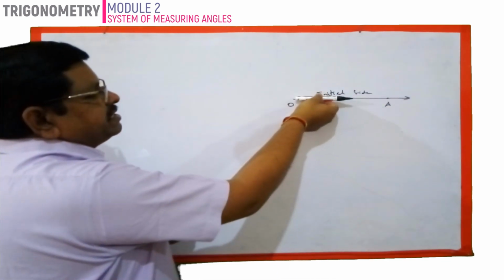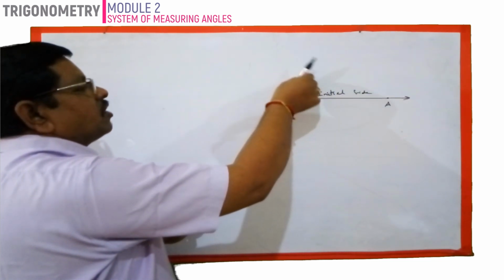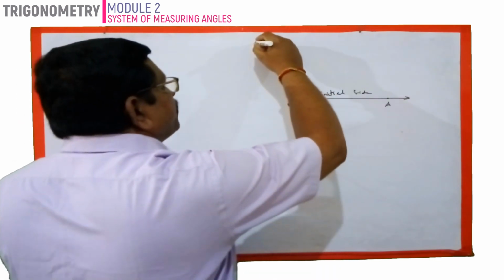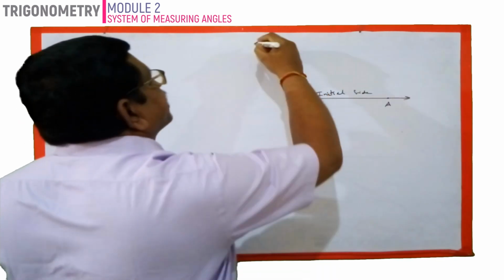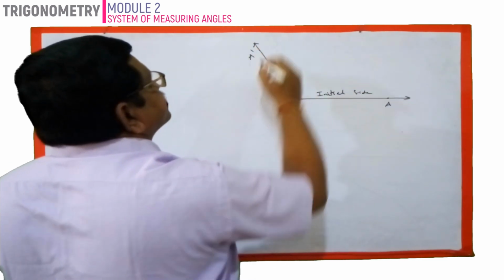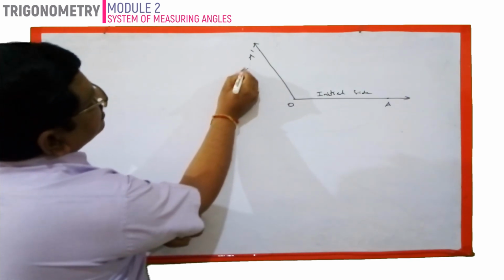Suppose, imagine that this ray makes a rotation in the anti-clockwise direction, and at some particular moment this ray comes to one particular position, say OA dash. We call this the terminal side.